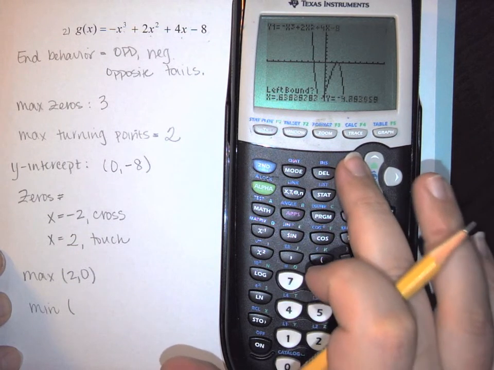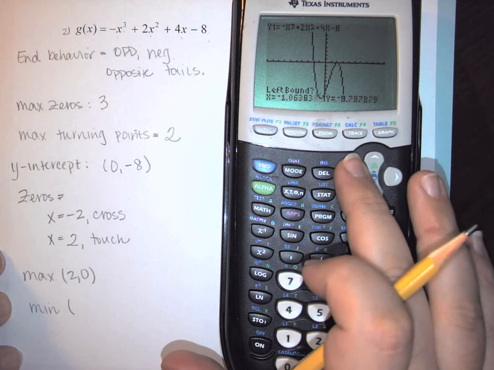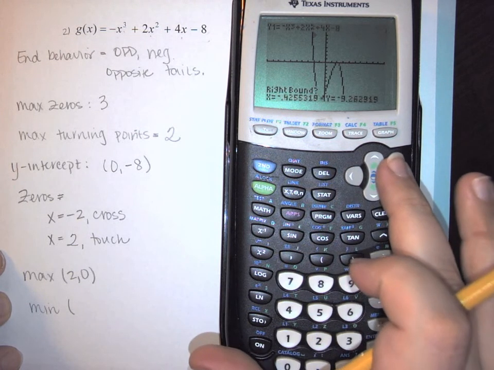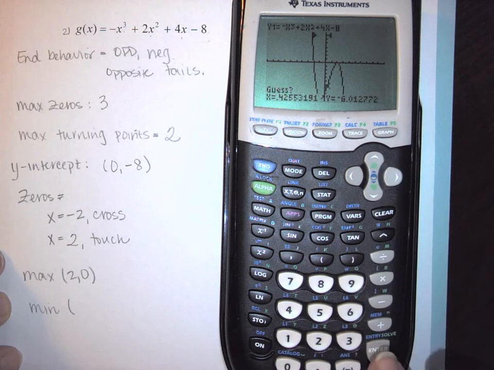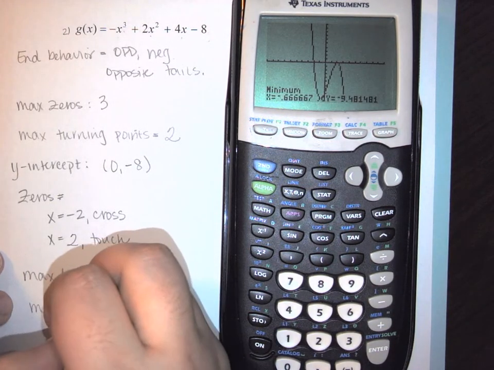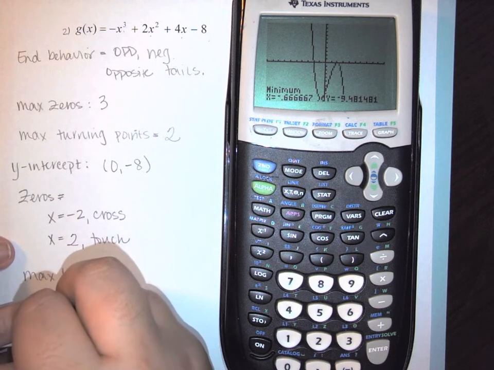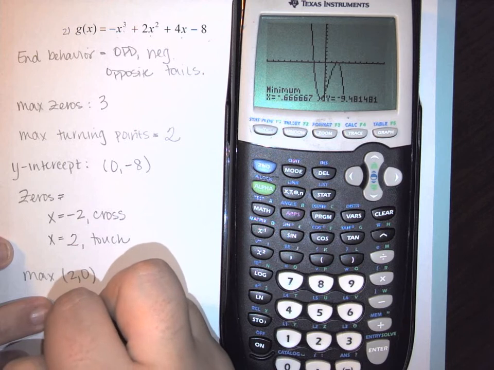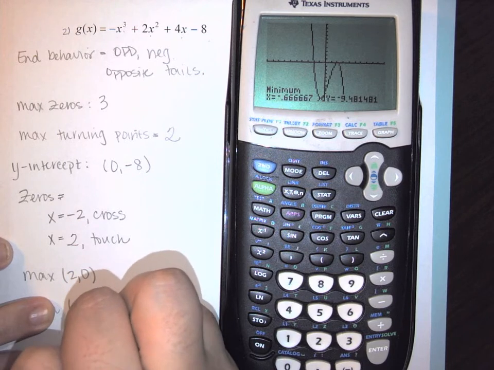We're going to move over so that we're on the left hand side of your valley. Hit enter. Move over to that right hand side, hit enter the third time so that it guesses. And in this case, we're going to have roughly negative 0.7 and negative 9.5.